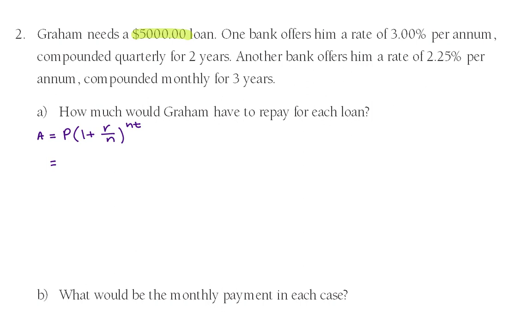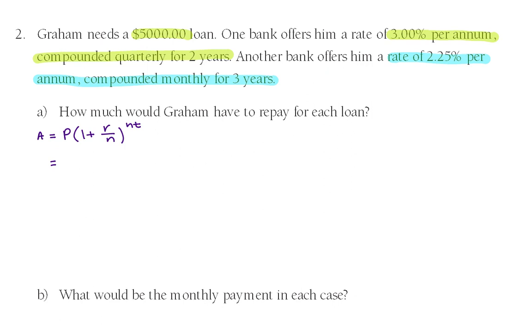One's offering him a rate of 3% per year, compounded quarterly for 2 years. And the second one is a rate of 2.25% per year, compounded monthly for 3 years.